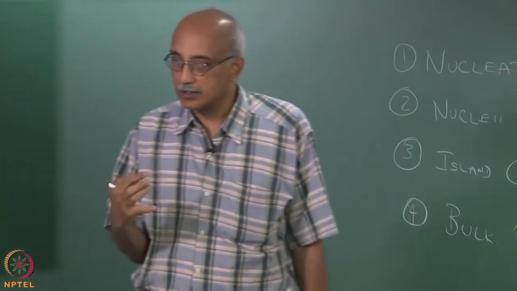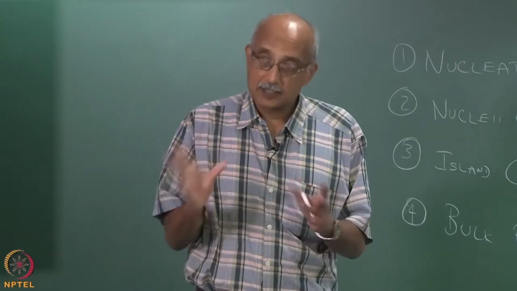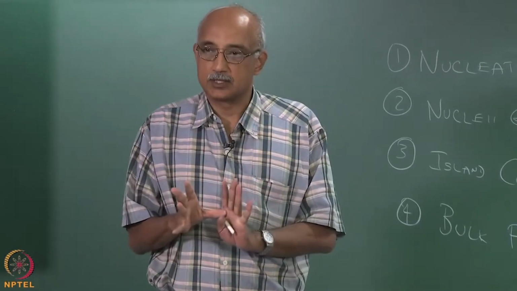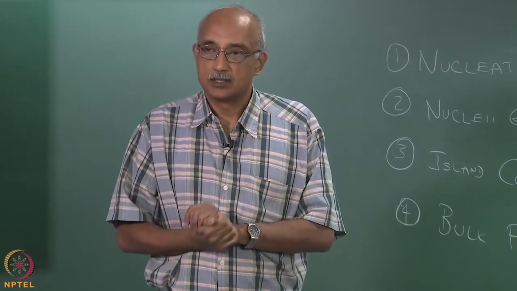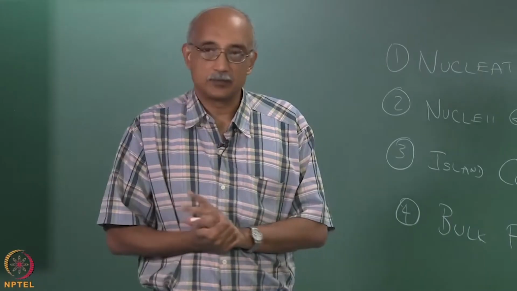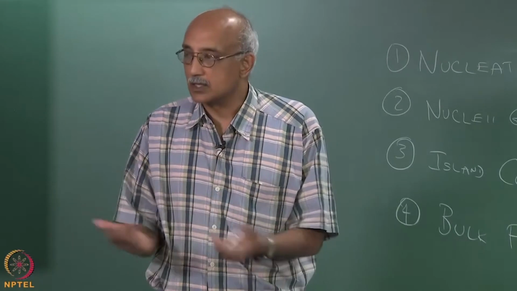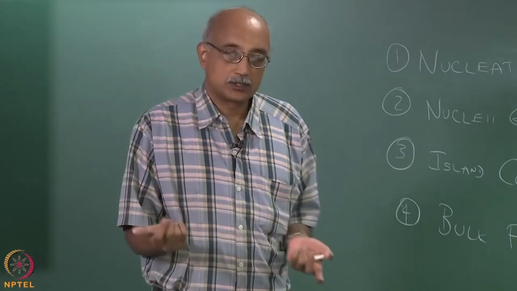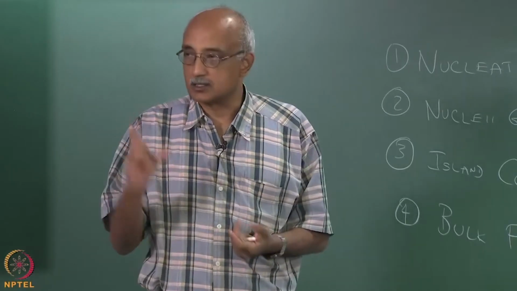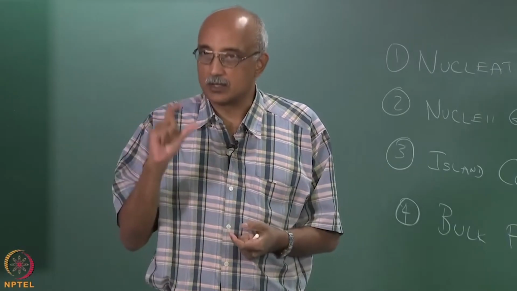So, there is a linkage between the two, but when you deposit a film as a product, what you are really interested in is its functional properties. Does it do the job that it is supposed to do? If you have deposited the CVD film in order to achieve a certain conductivity, let us say, have you achieved that conductivity? Or if you have deposited the film to achieve a certain hardness on a surface, if it is a coating for example, have you achieved that hardness?